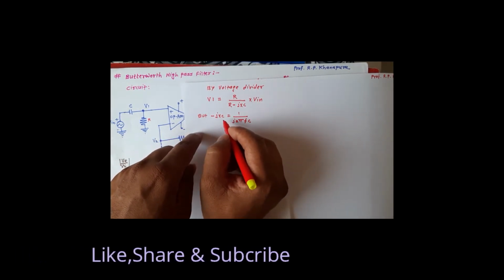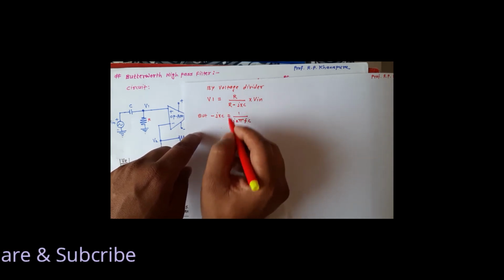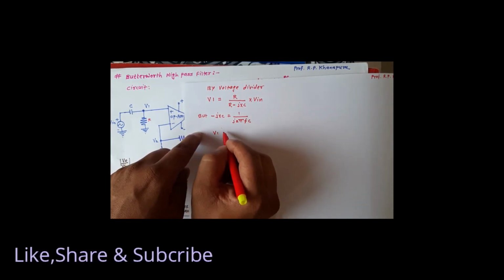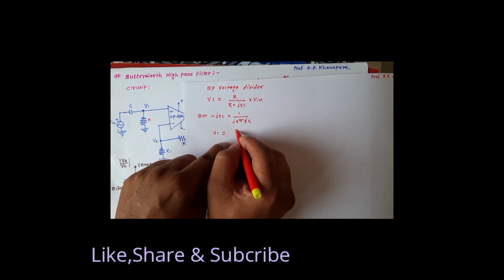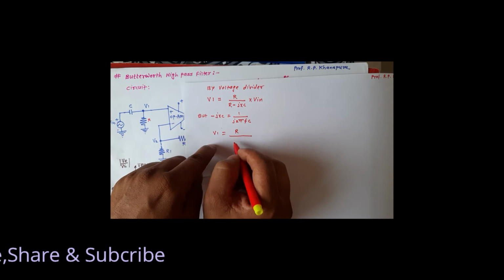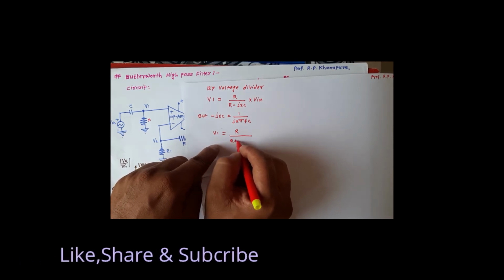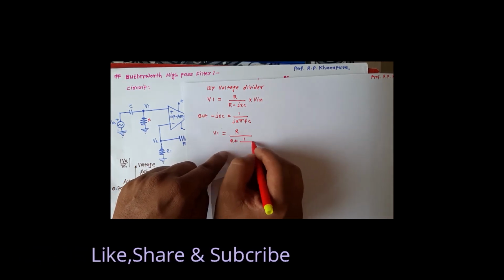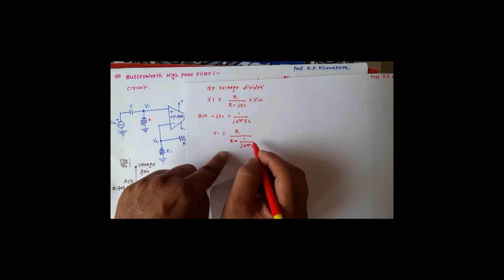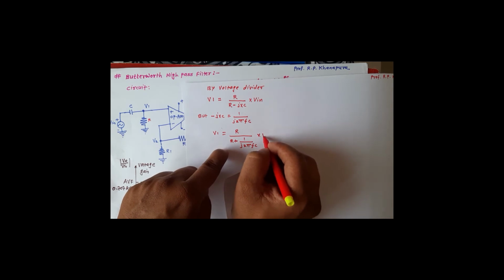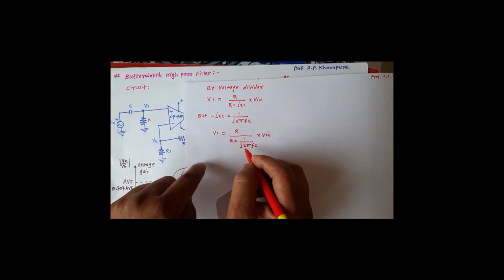So substitute this equation in the above equation. So this V1 is equal to R upon R plus 1 upon j 2 pi fC into Vin.